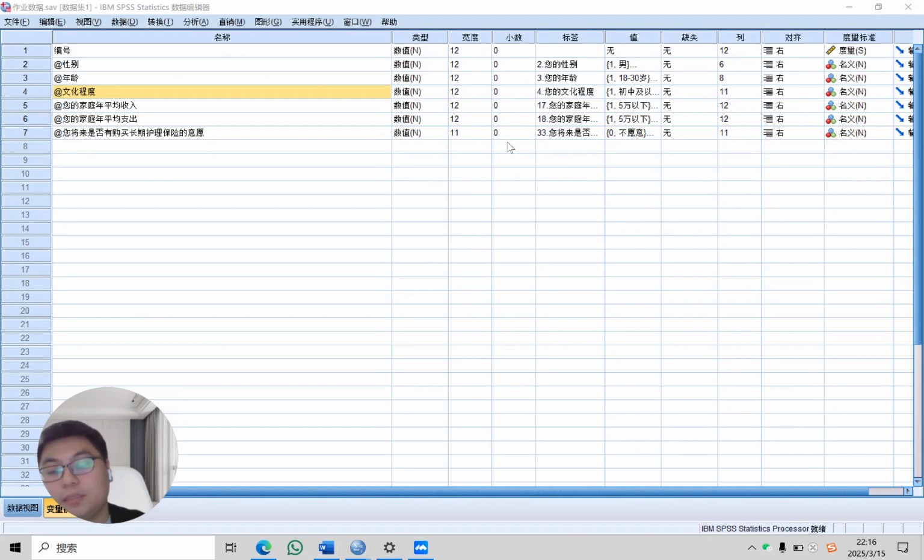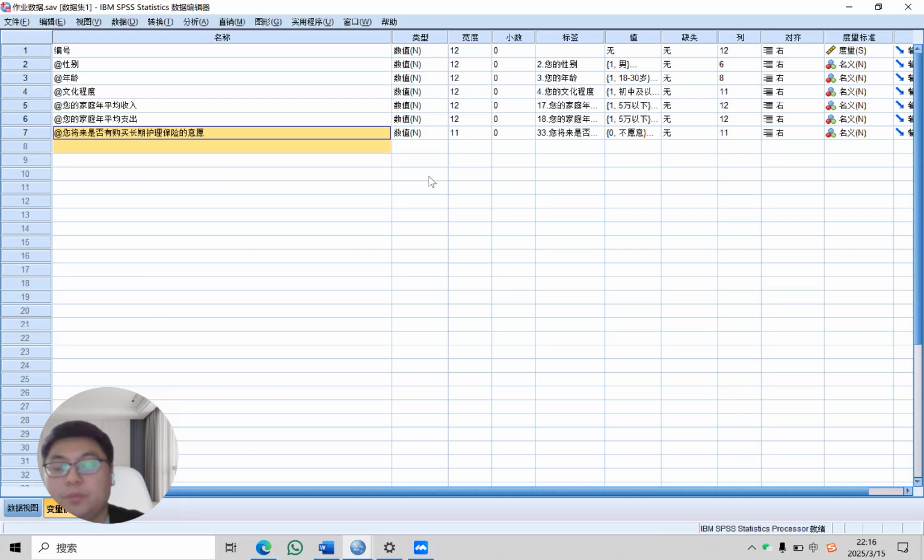This is the data editing page, and the main variables include gender, age, educational level, annual household income, annual expenditure, and whether there is a willingness to purchase long-term care insurance.